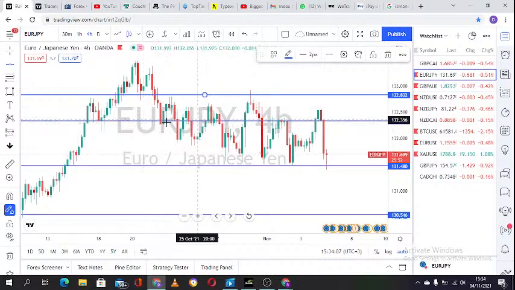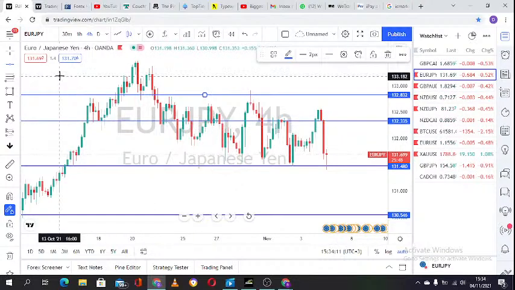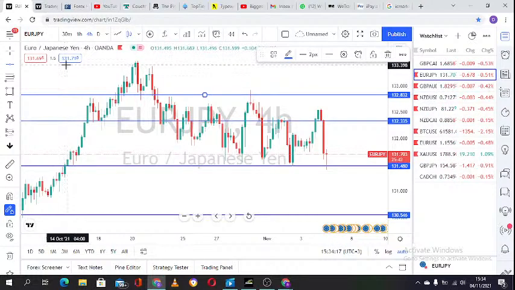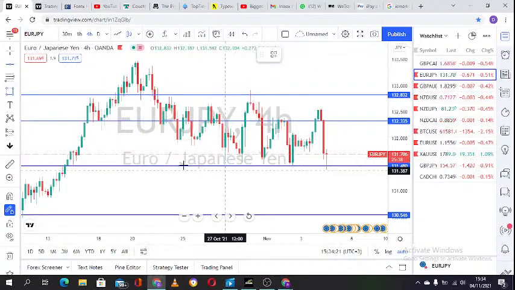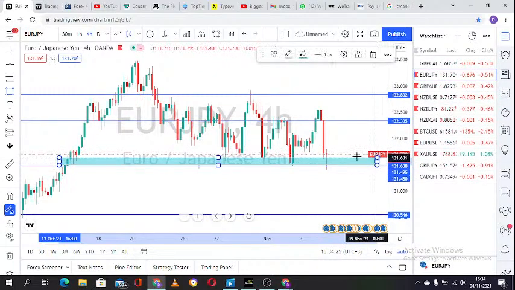We are seeing a lot of consolidation. We're not really seeing price going up or going down. Yesterday I did have a position on Euro JPY. Unfortunately got stopped out by 1 pip before price flew my direction. As we can see here, we are lying on a very strong area of support, so this can be a nice area to buy from.